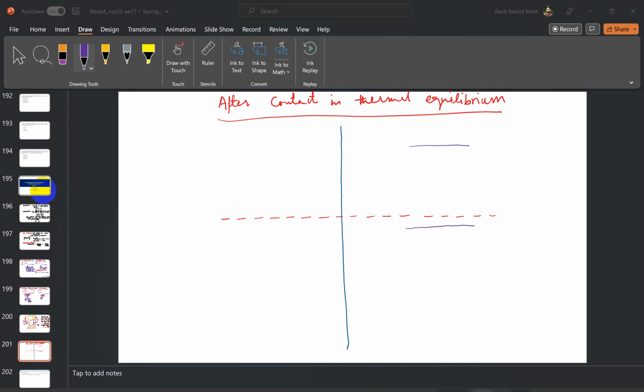So the band diagram will look like this. Similarly, a similar bending will be there in the conduction band energy.